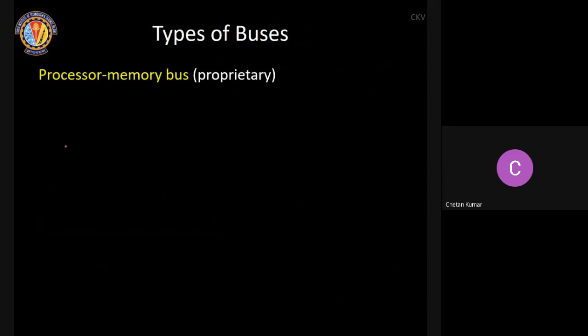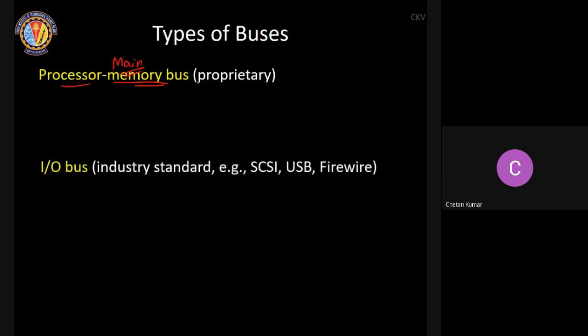So there are different types of buses. Some are generic in nature, and some are specific to companies, which is proprietary. For example, the processor memory bus, meaning the bus between your processor and your main memory, is proprietary. Many companies have their own names for it.